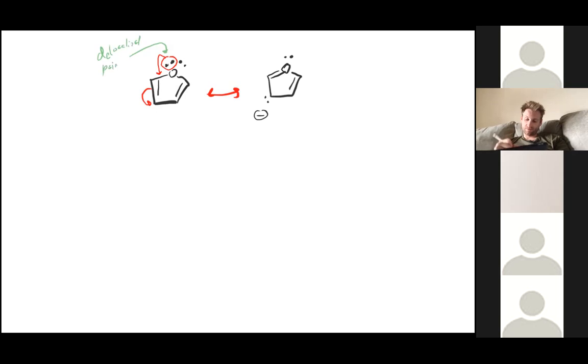But our other set of lone pairs is going to be localized. Because now it already has a double bond onto it, it can't move again. So when we're counting lone pairs from this system, we say that only one of them is delocalized. So this is, again, 2 pi electrons, or 2 double bonds, and 1 lone pair.